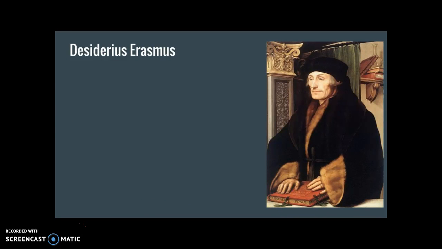All right, Desiderius Erasmus. Let's move on to some of the writers from this time period. So one thing you need to know about the Italian and the Northern Renaissances is that Italian humanists were very interested in reviving the classical languages and texts.